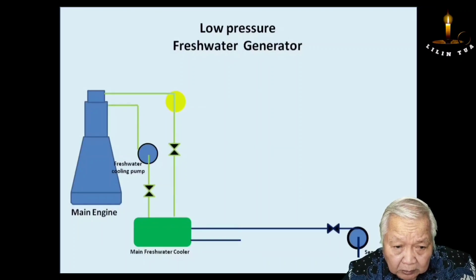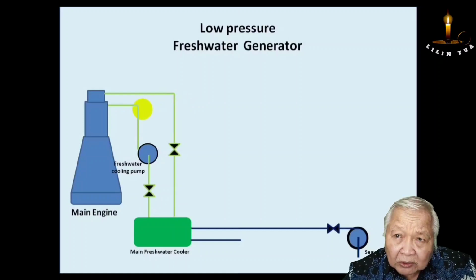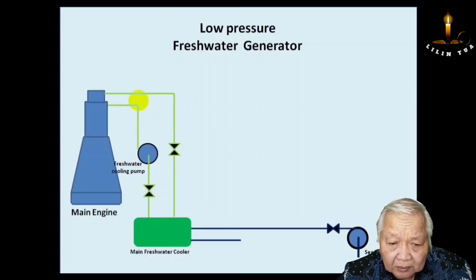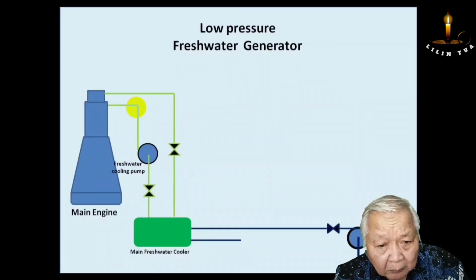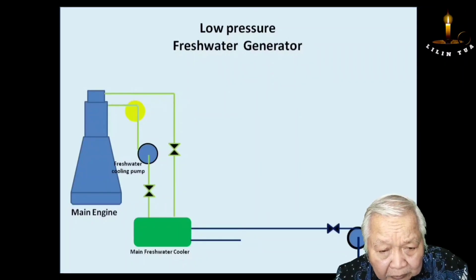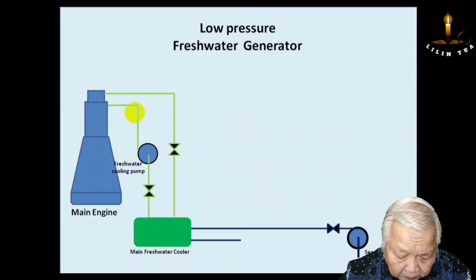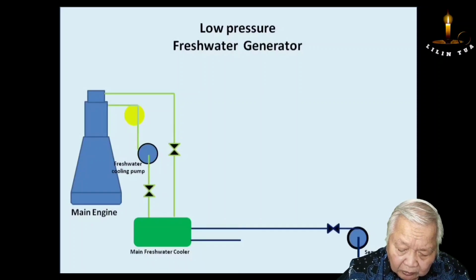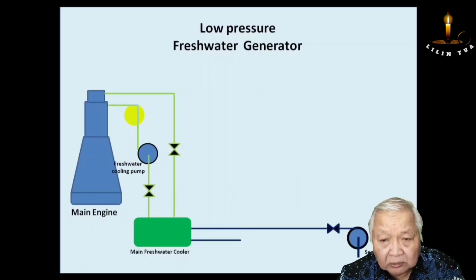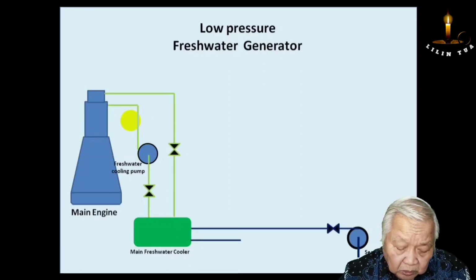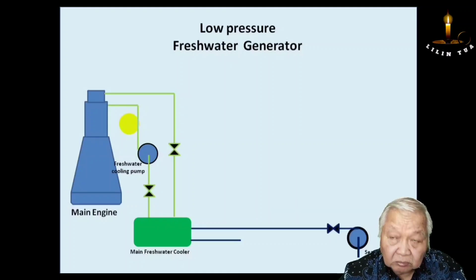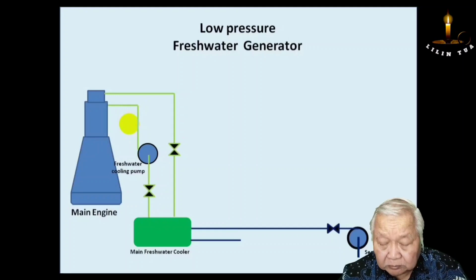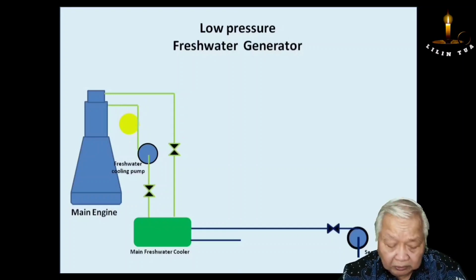The temperature coming out from the cylinder jacket is around 70 degrees Celsius, and it is enough to become the vaporizing medium. With evaporation at a vacuum of around 98 to 99%, evaporation only requires an evaporating media temperature of around 50 to 55 degrees Celsius.